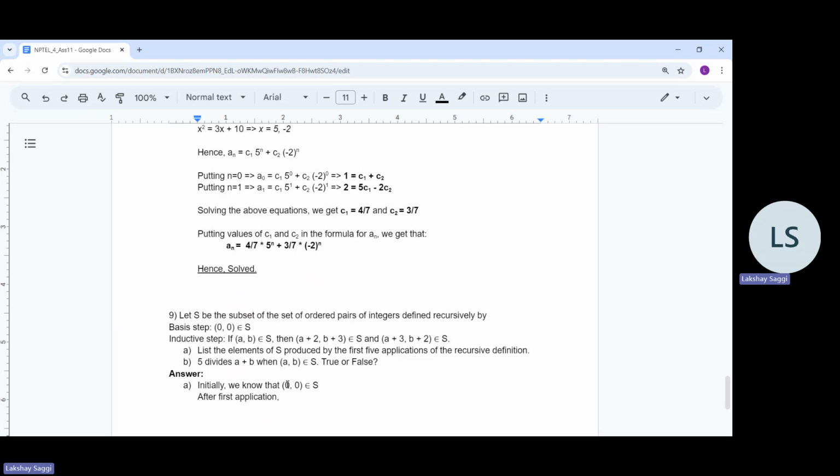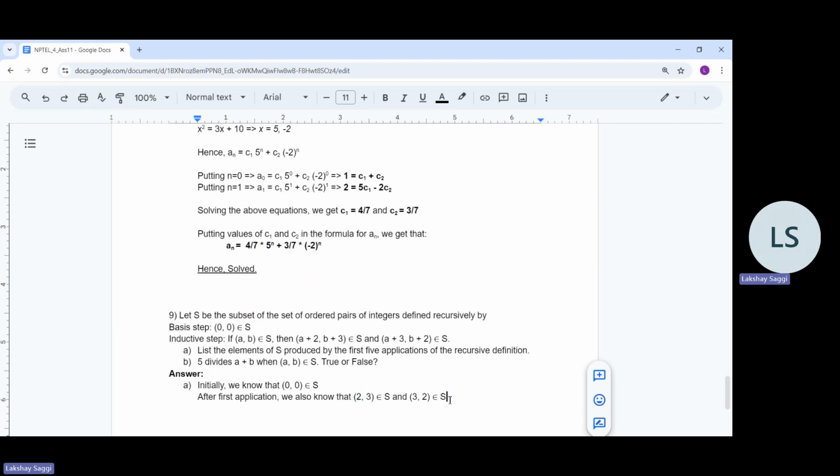While applying this recursive formula first, we just know that (0, 0) belongs to S. We don't know anything else about the set S. But if A and B are equal to 0, then these values also belong to S. Putting A equal to 0 and B equal to 0, we get that (2, 3) and (3, 2) belong to S. So now we know more elements of S. Initially we knew only (0, 0) was a member of S. After the first application, we come to know that (2, 3) and (3, 2) are also part of S.